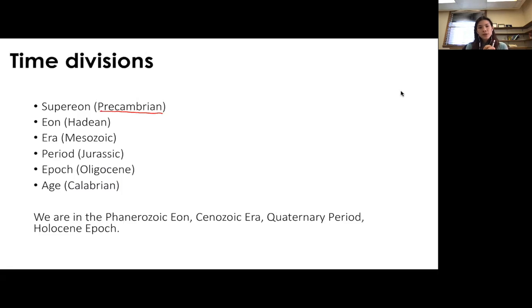So we are currently in the Phanerozoic eon, in the Cenozoic era, the Quaternary period, and the Holocene epoch. The Holocene epoch is not formally divided into ages, at least that we often reference. And so for our current time period, we often ignore the age subdivision.